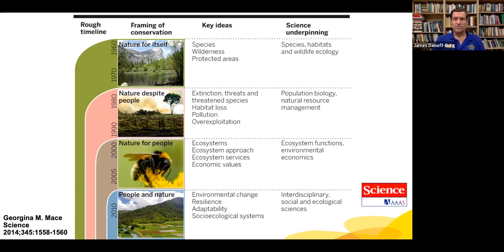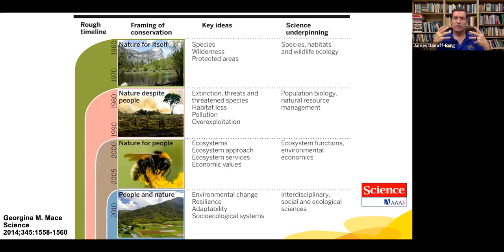The next phase started in about the 1980s, when I was starting to go to graduate school, is nature despite people. Like, what are the threats? My gosh, nature is really threatened. How is this taking effect? What are the mechanisms for species decline? Because people started seeing those species decline in the 60s, 70s, early 80s.